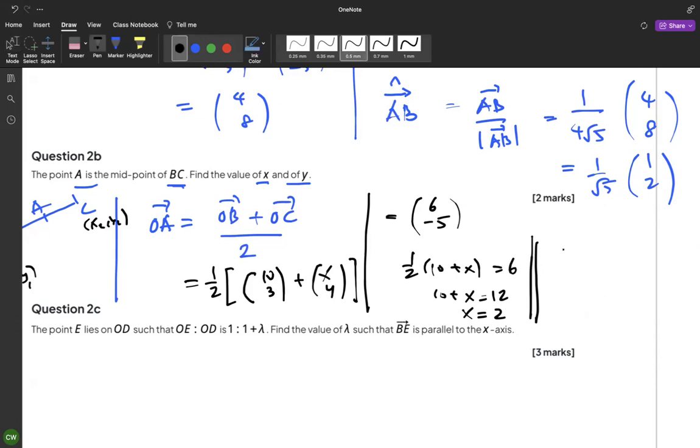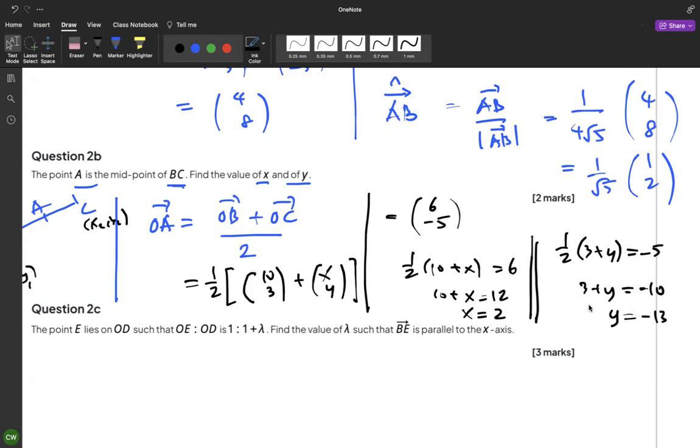Negative 5, half 3 plus y. This is 3 plus y equal to minus 10. Is the y equal to minus 13? Yes. Is it correct? Let me check. Oh, you are right. Congratulations.